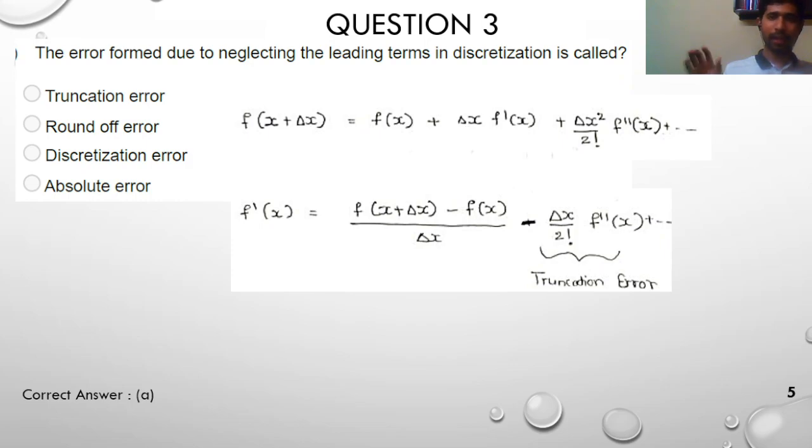I can understand what you are trying to express. Ultimately it is because of truncation error, because you are finally coming up with a scheme which, with a given stencil, will have less truncation error, and because of that it will have less error. But the main thing is that you are using the same difference scheme for dou f by dou x, say forward space, and there also you are using forward space only for dou square T by dou x square, everything remaining the same.